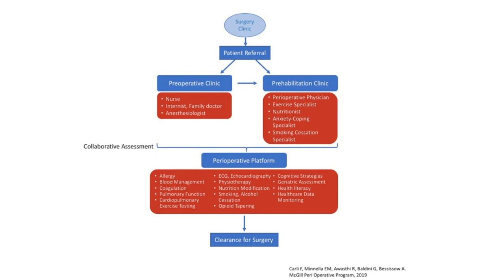Then you advise about cessation of smoking and other things, and you have to see whether the patient is undergoing this prehabilitation program. Once you improve their medical risk status and functional capacity, and after doing all the other relevant investigations, then the patient can undergo surgery.